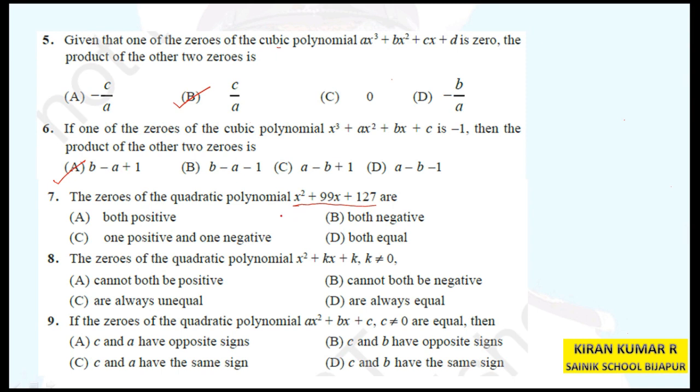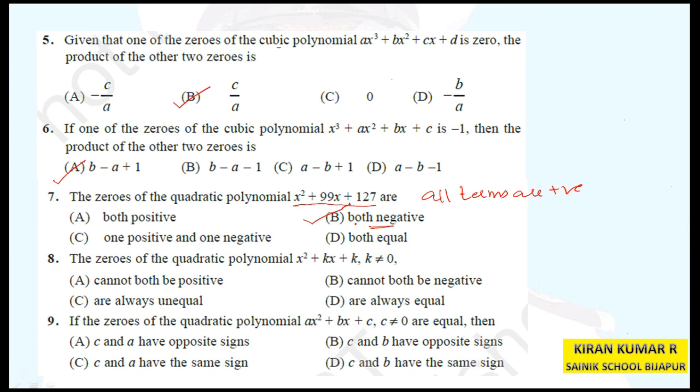Look at all the terms. All these terms are positive. So it means that the roots or the zeros have to be negative. So option B is the right answer. Both the zeros of this quadratic polynomial will be negative.